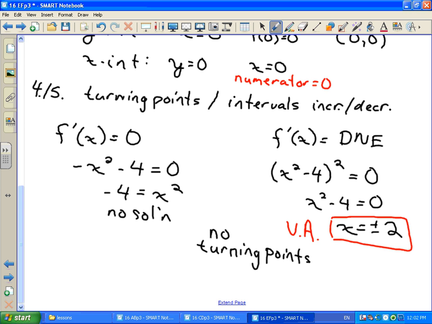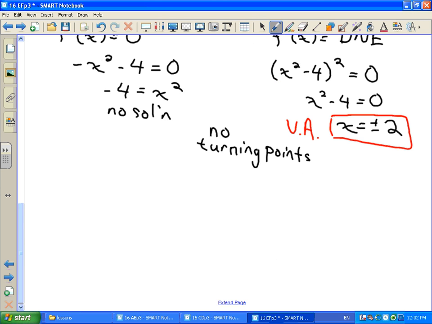Even though negative 2 and positive 2 are not local max or min, we're still going to include them when we do our interval table, because they are still places where the curve can change from increasing to decreasing or vice versa.